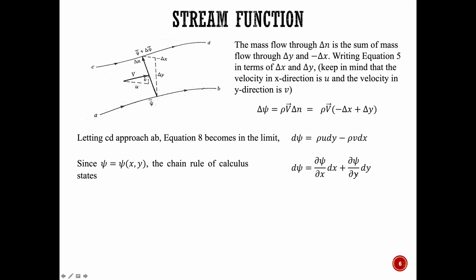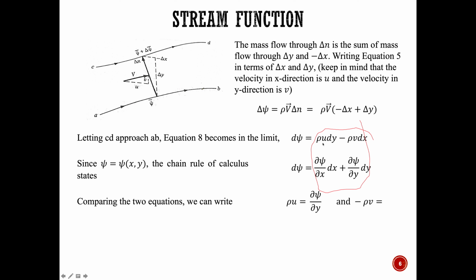Now, basically all you're trying to do is compare these two equations, and then you get rho u equals dou psi by dou y and minus rho v equals dou psi by dou x.